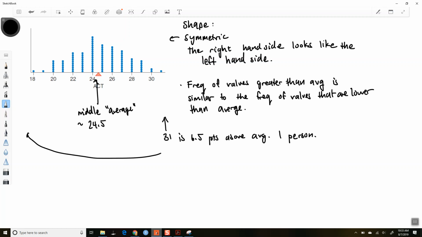And then over here, 18 is 6.5 points below average, and we have one person.